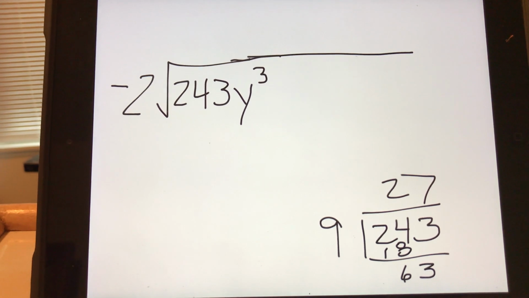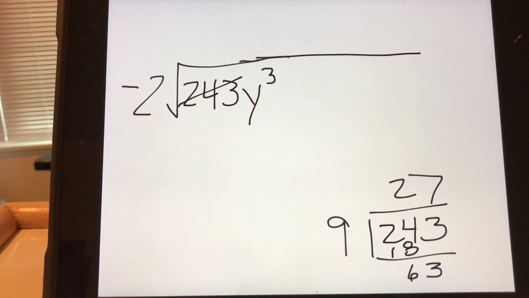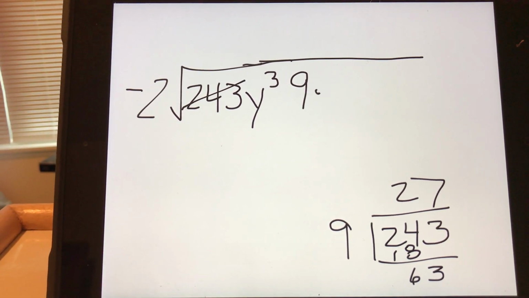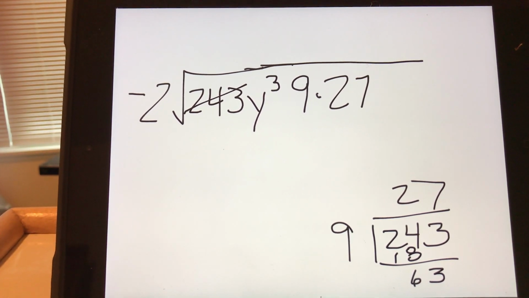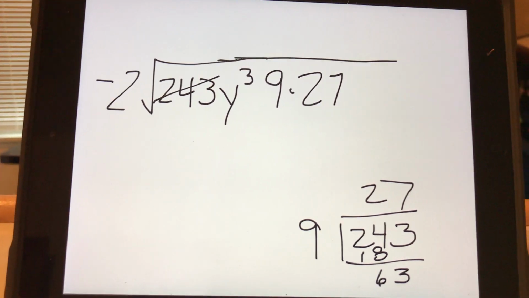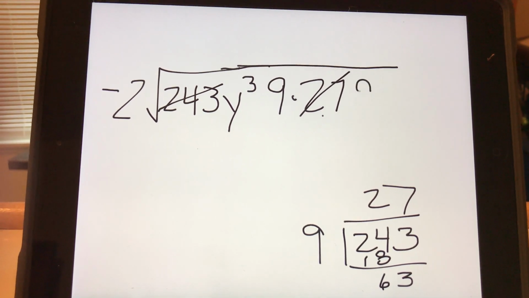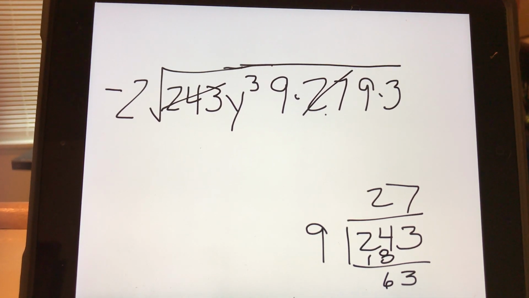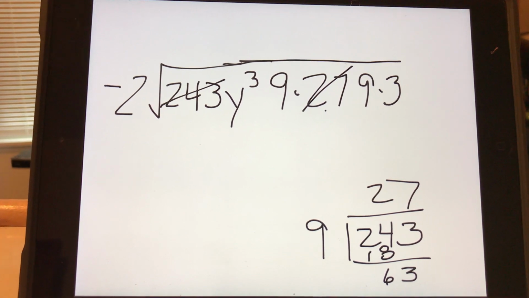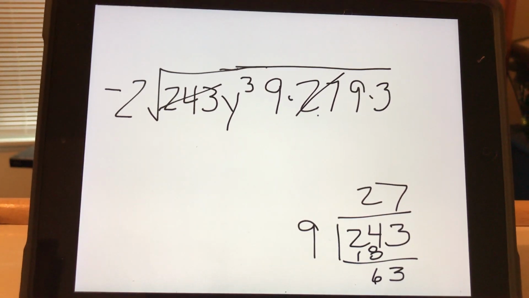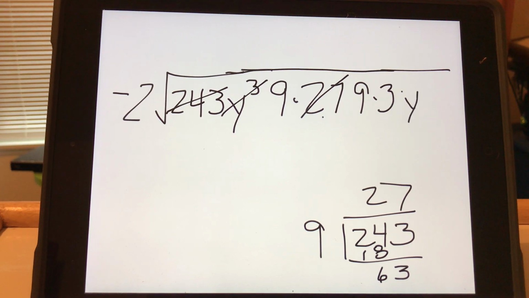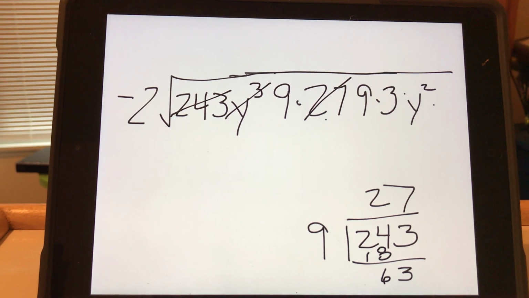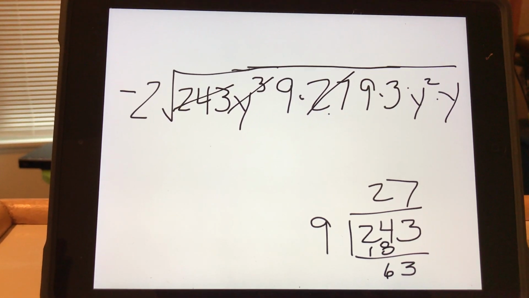7. So, cross out my 243 and I say 9, perfect square, times 27. I'm not done. 27 has another 9 in it, right? So that's going to be 9 times 3 now. Now I'm done because 3 doesn't have anything left in it. Now I have to do this y cubed, so I cross him off. I take the highest even number, which is y squared, and then the y that's left.